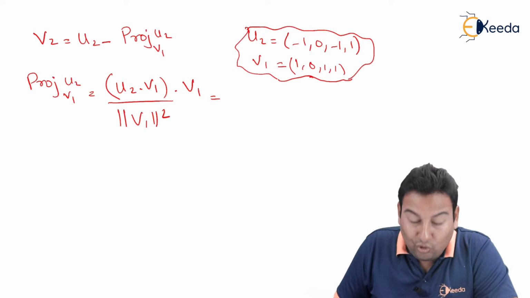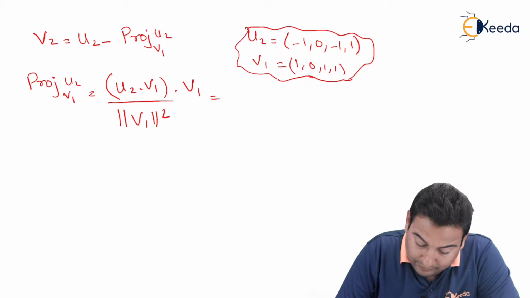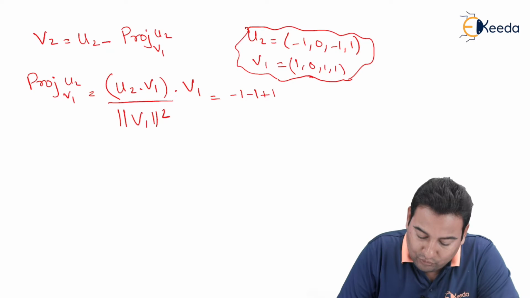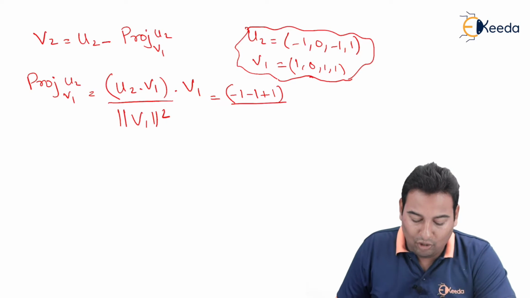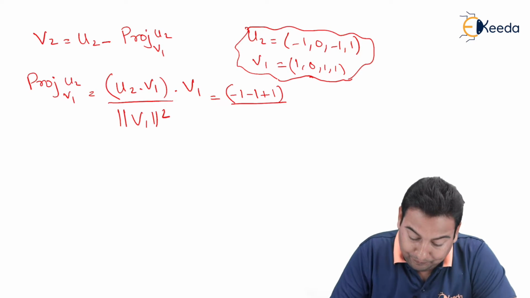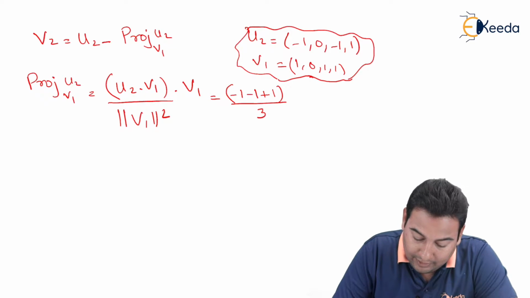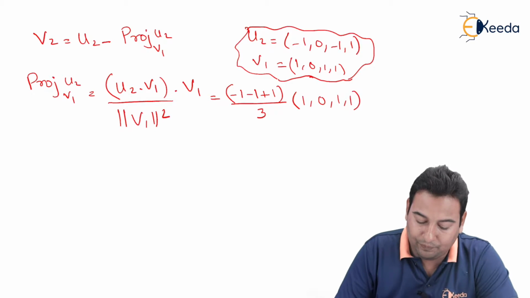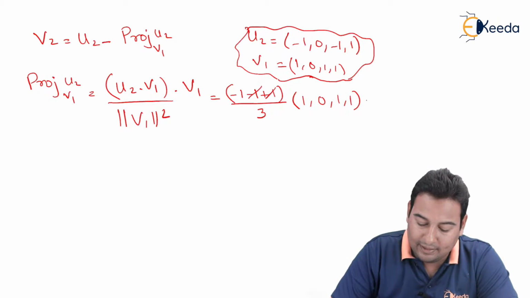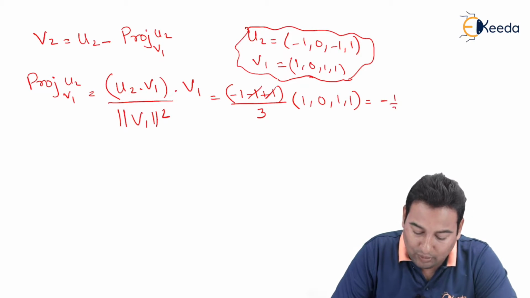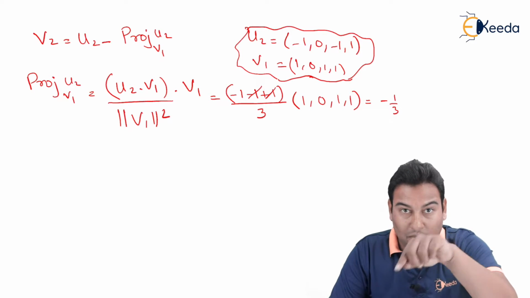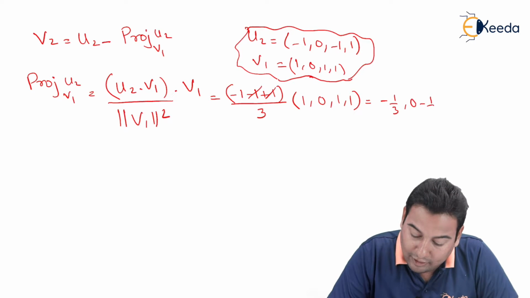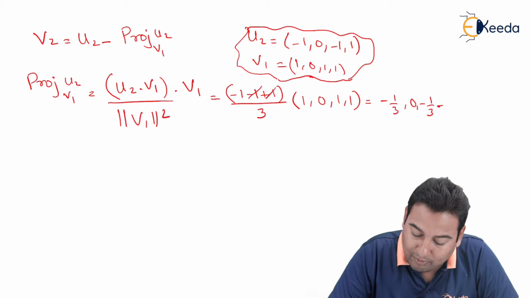Let's find u2 dot v1, that is -1 minus 1 plus 1, upon norm of v1 square, that is 3, and inside v1, that is 1 0 1 and 1. This will be cancelled and the vector will be -1 by 3. -1 by 3 will be multiplied inside: 0, -1 by 3 and -1 by 3.